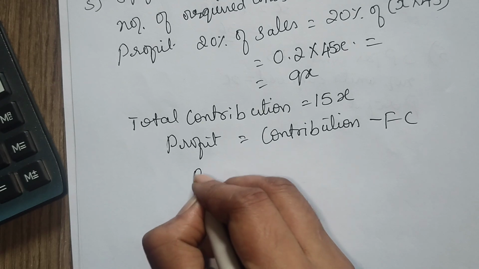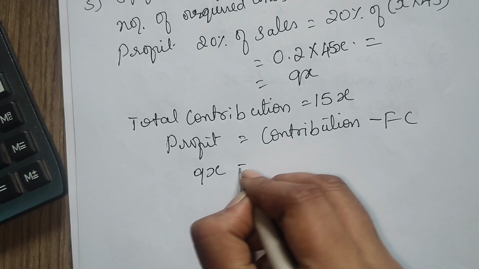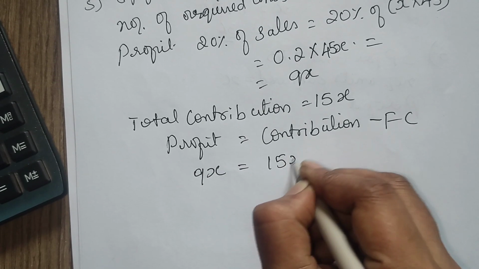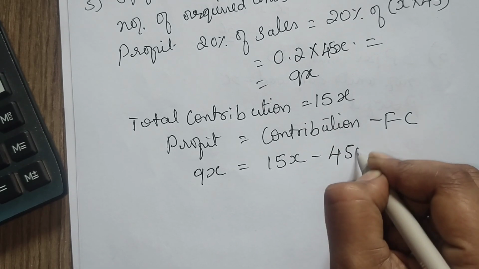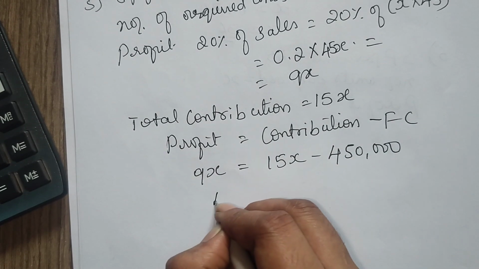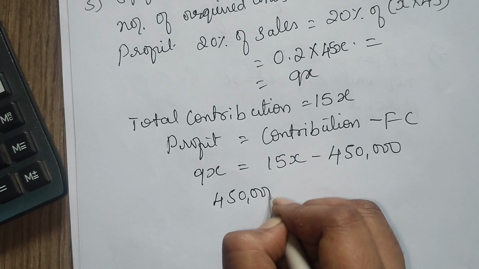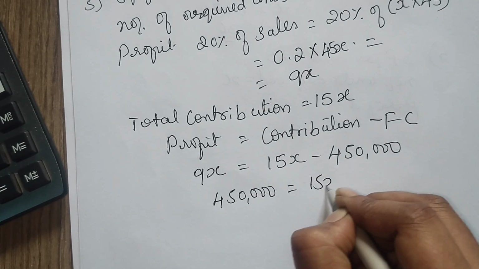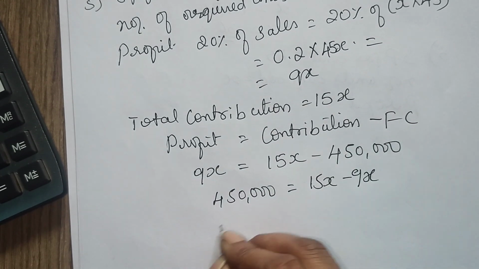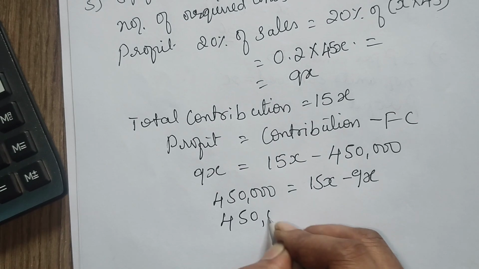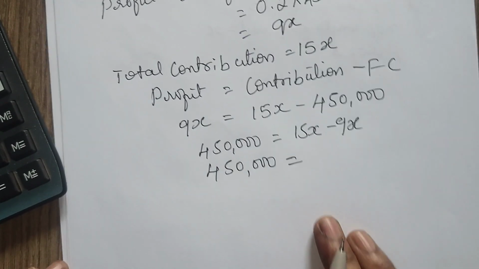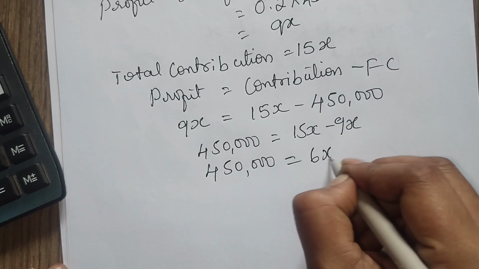That is 9x is equal to contribution 15x minus 4,50,000. 4,50,000 is equal to 15x minus 9x. 4,50,000 is equal to 15 minus 9 is 6x.